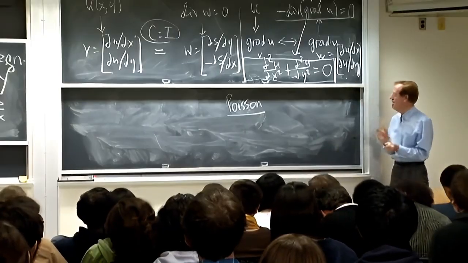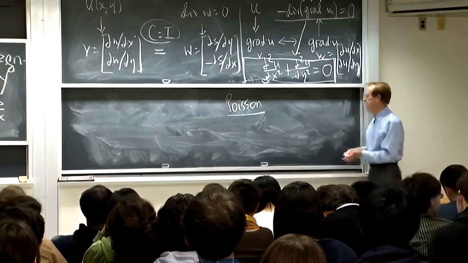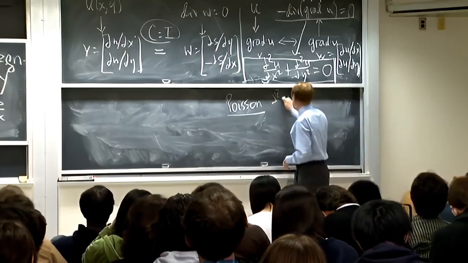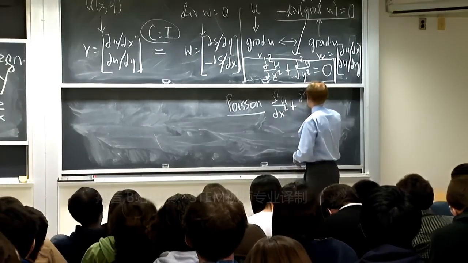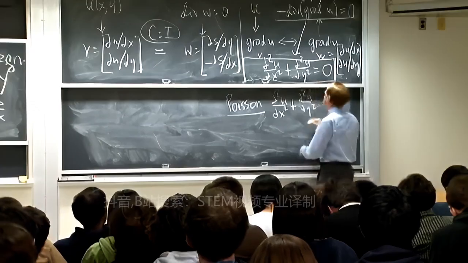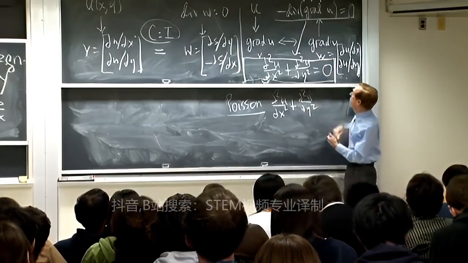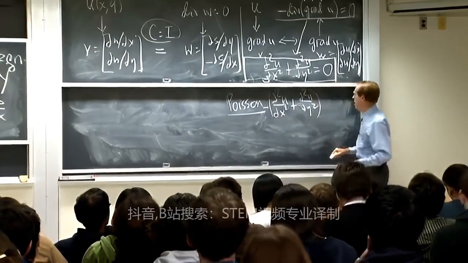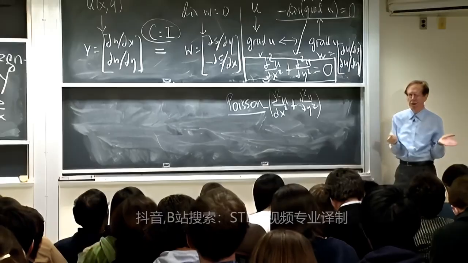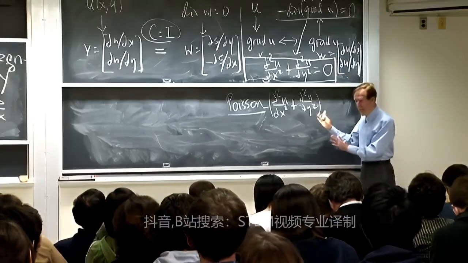Okay, so it comes in when there's a right-hand side. So the normal Poisson equation is second derivative with respect to x, second derivative with respect to y. Well, actually, it should have a minus there. Really should be a minus there. You remember why the minus is there. The minus is there to make the whole thing positive.